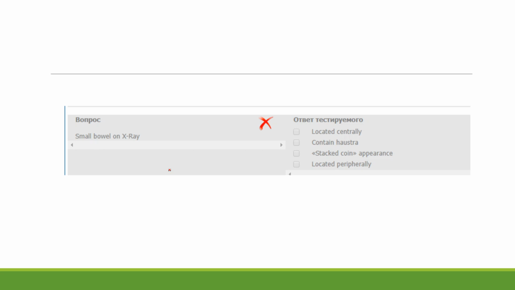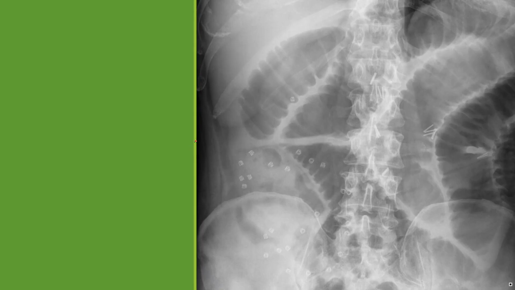Small bowel on X-ray. What can I say about this one? Maybe I can show you a picture.